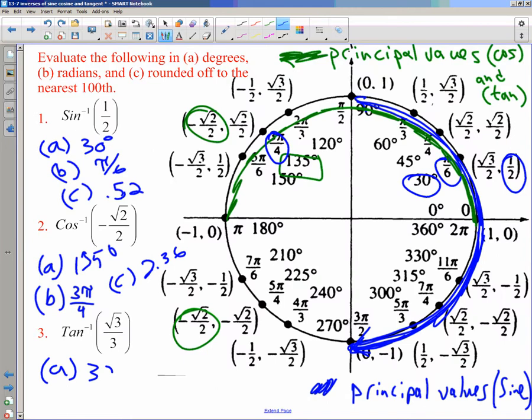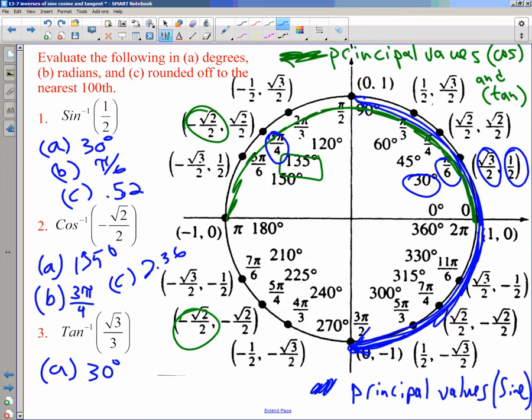Okay, so you notice if you do 1/2 divided by root 3 over 2, and we've done examples like that, you end up with root 3 over 3. So if you do y over x, you end up with root 3 over 3, and that's for that angle. Also kind of silly, it's going to be the same darn answers for B and C here as it was for the other problem.